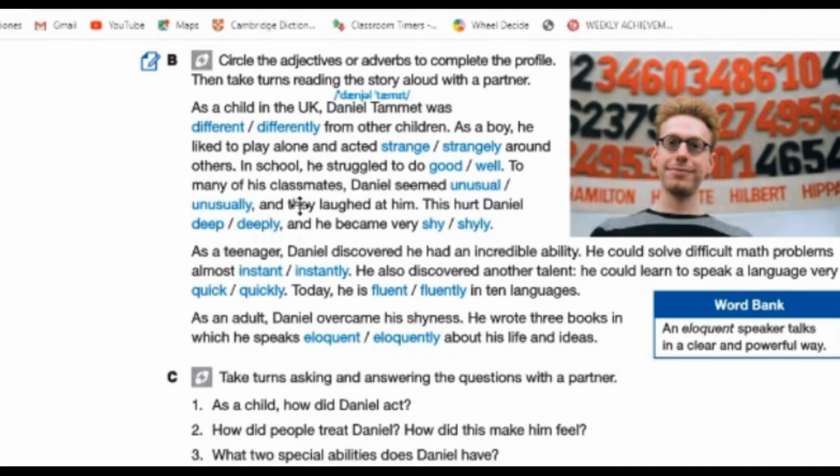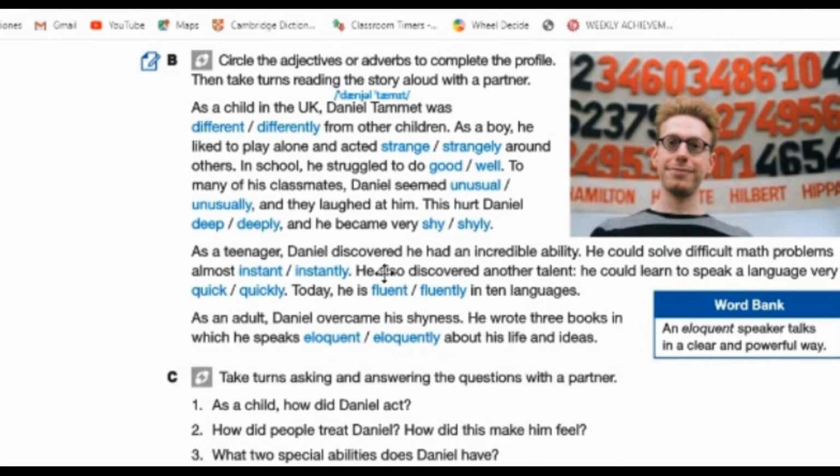And they laughed at him, and this hurt Daniel deep or deeply? What do you have? Me hirió profundo o me hirió profundamente.